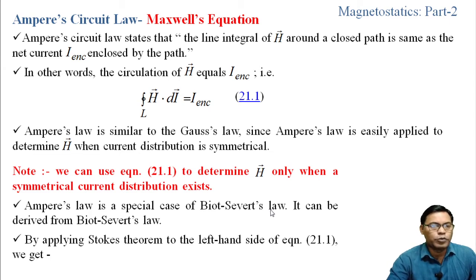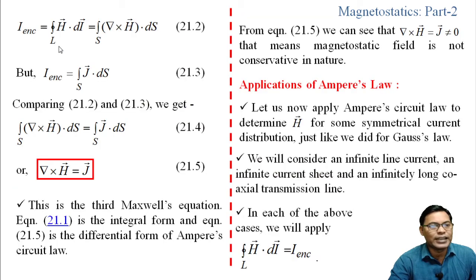Now, we are going to apply the Stokes theorem to the left hand side of equation 21.1. Using the Stokes theorem, we can relate the line integral to the surface integral. So, I enclosed equals the closed line integral of H dot dl, which equals the open surface integral of del cross H dot dS.